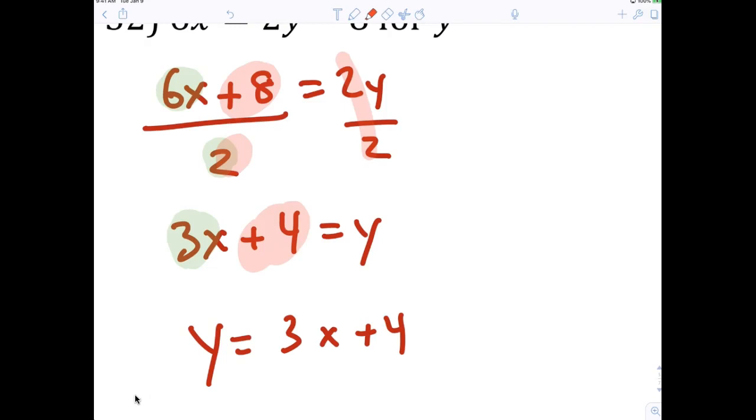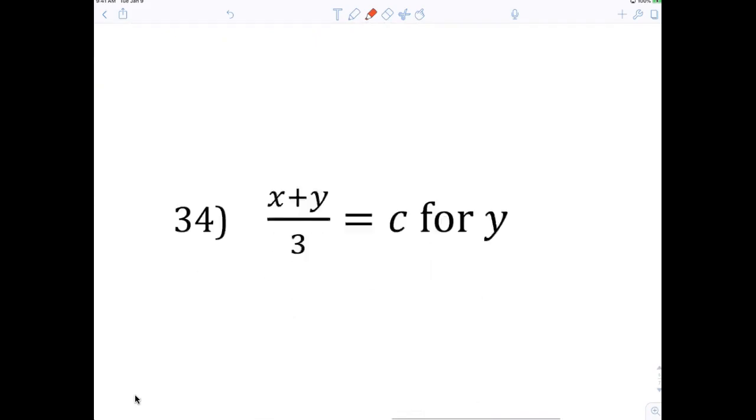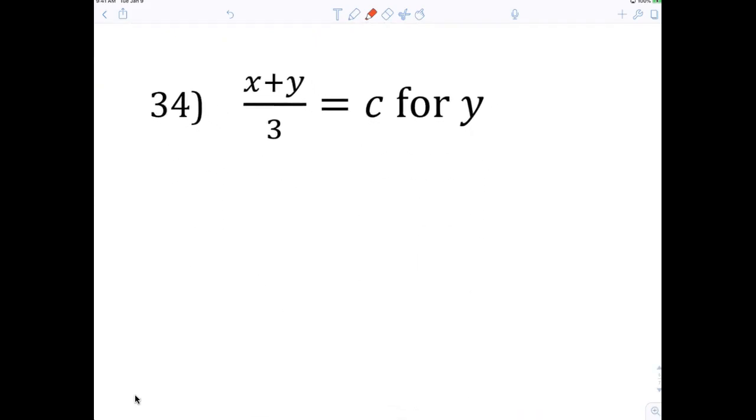All right, good questions. All right, here we go. Number 34. Who wants to give it a shot? Grayson, go. You can do the next one. So you're solving for y. Multiply by 3.